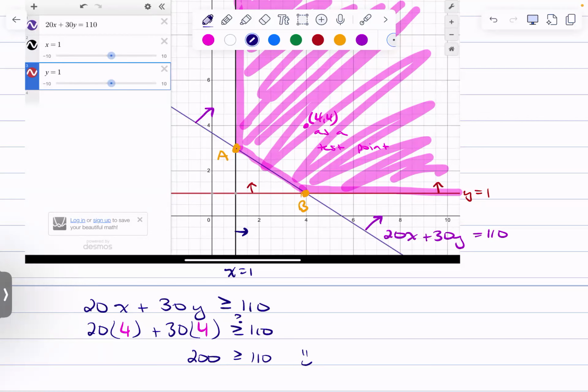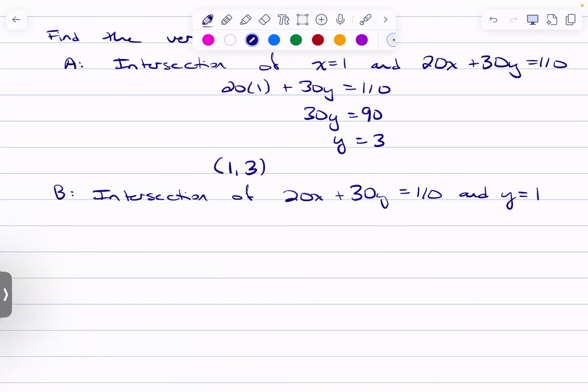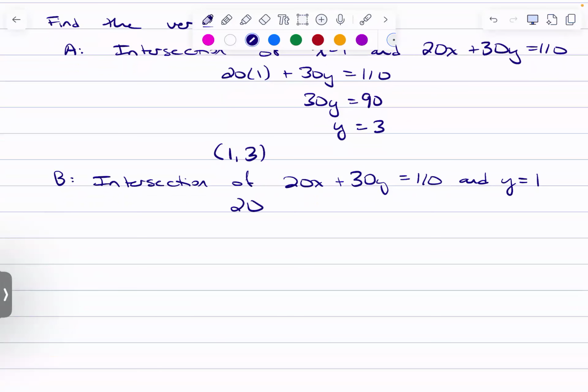What's vertex B? It's the intersection of 20x plus 30y equals 110 and y equals 1 now. So B is the intersection of 20x plus 30y is equal to 110 and y equals 1. 20x plus 30 times 1 is 110. 80.